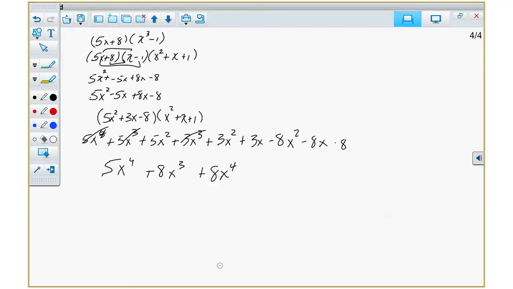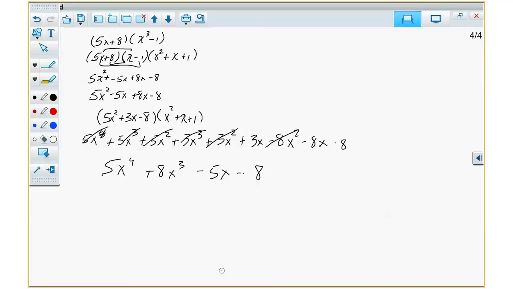Oh, it's 15. The 8x to the second, it cancels, doesn't it? Okay, that's what I thought. 5x squared plus 3x squared is 8x squared, and 8x squared minus 8x squared, there we go. Plus 3x minus 5x, right? Minus 8, is that what y'all got?